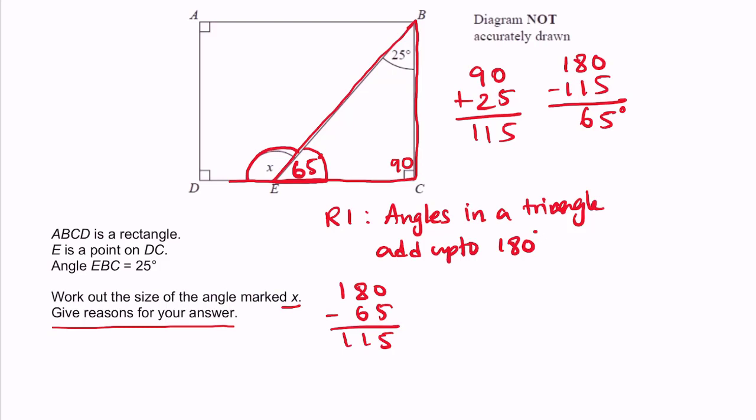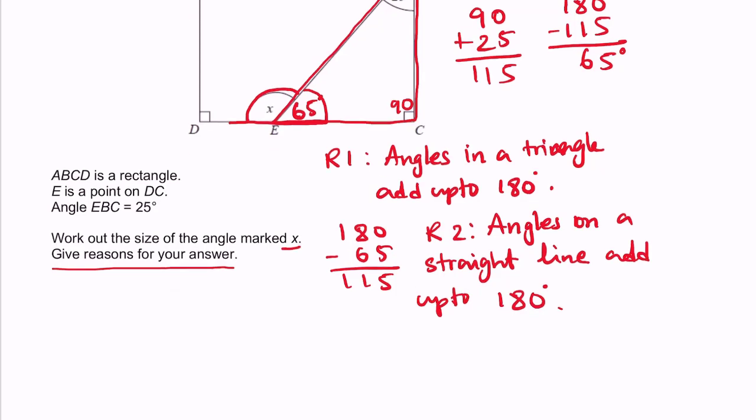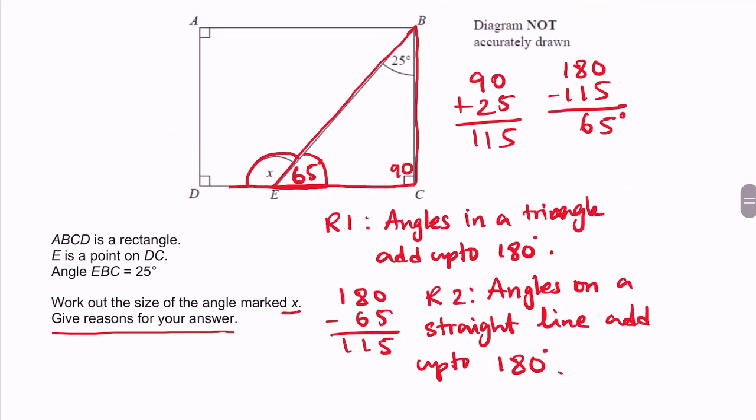So our second reason is reason 2, angles on a straight line add up to 180 degrees. Make sure you write those reasons, because otherwise you won't get that third mark. Okay, so that's 115 here.